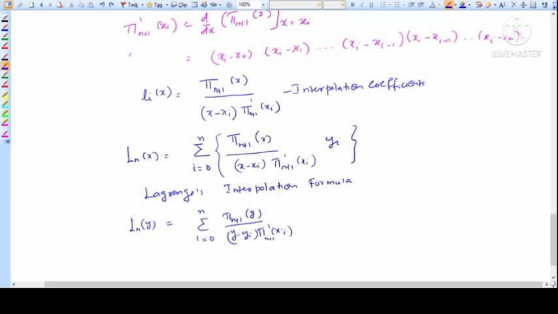Sorry, this is not xi in the denominator, this is yi. So this is called the inverse interpolation formula.